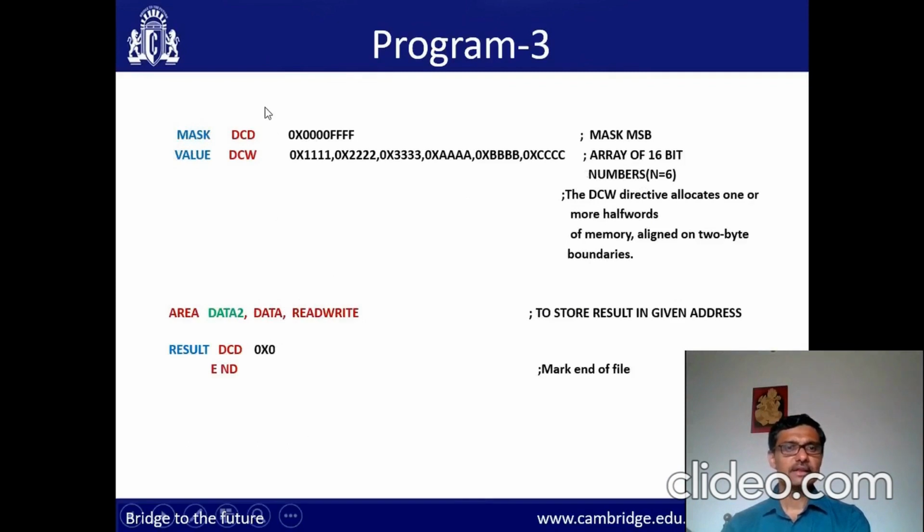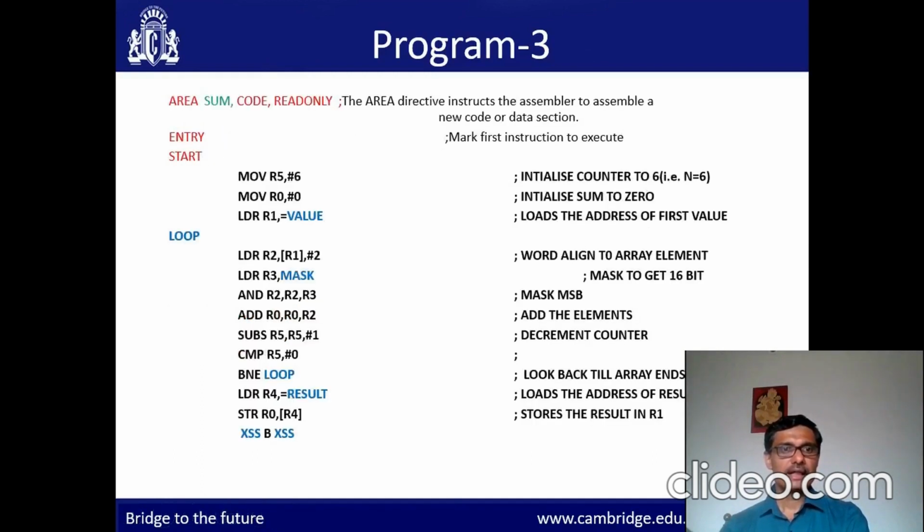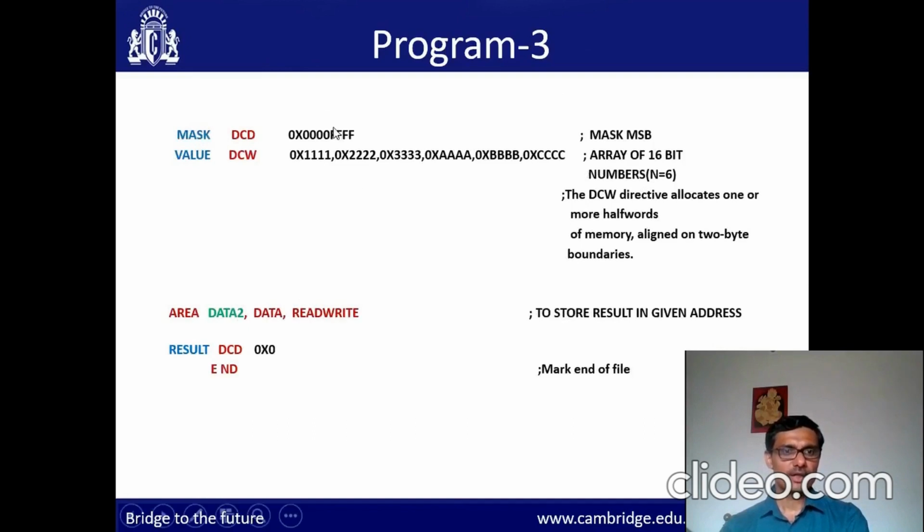You can see here we have declared a mask and also an array. Value is an array, mask is one. Mask is declared as a 32-bit number, whereas value is declared as a 16-bit number, using DCW. These two come under the read-only part because we are not modifying them after the execution.